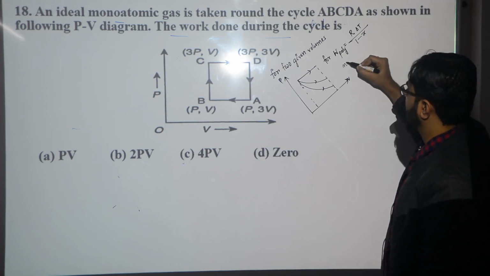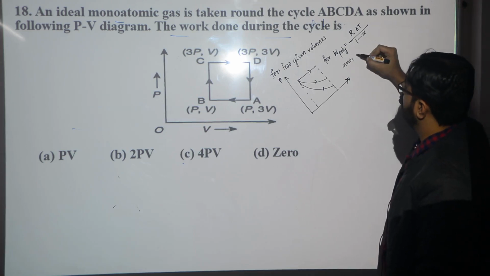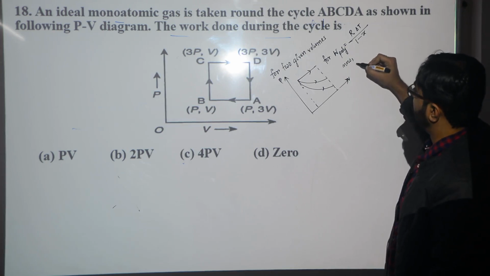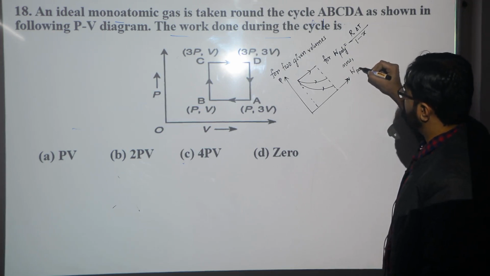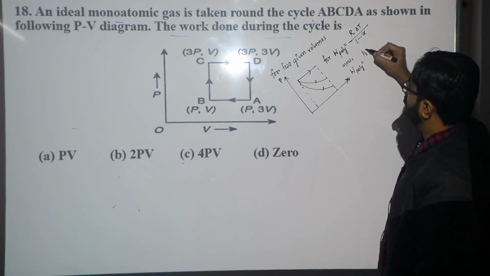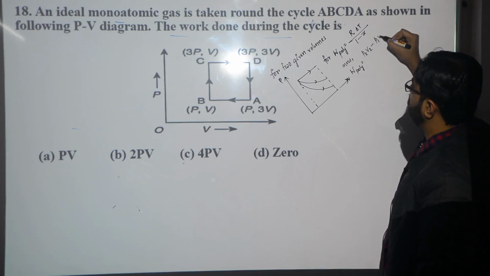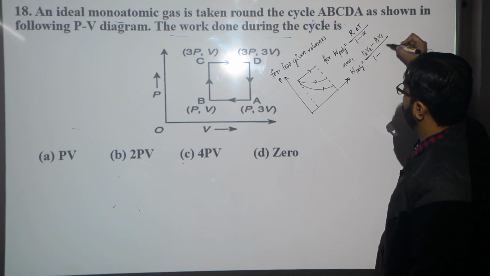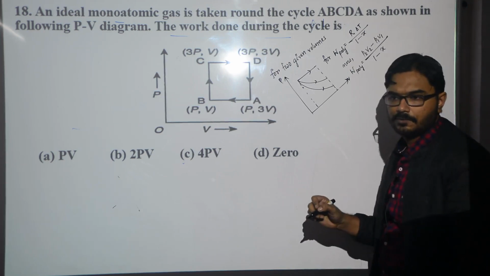Now the process was PV to the power x, so here we can say that W poly will become P2 V2 minus P1 V1 divided by 1 minus x, right?